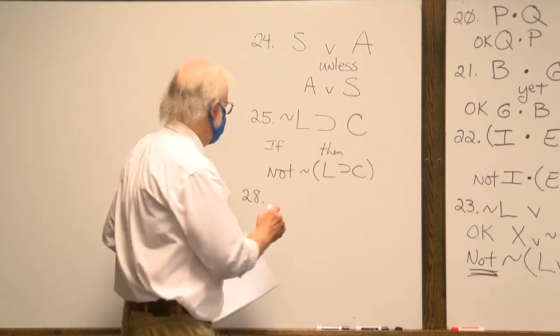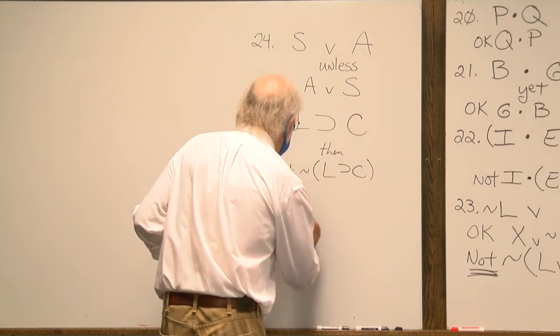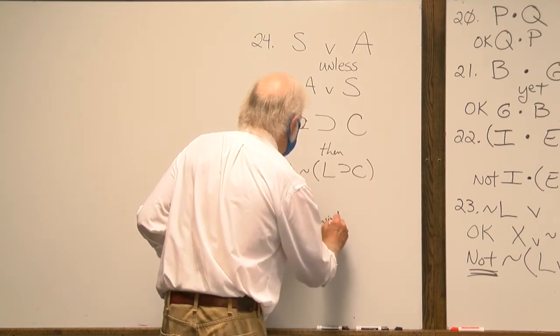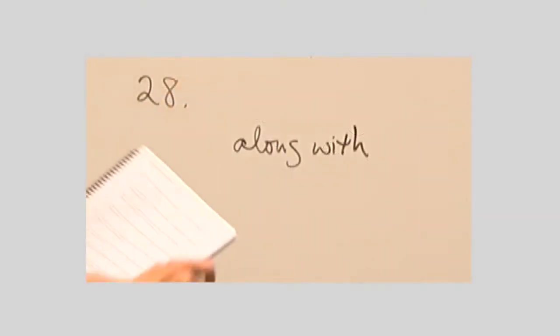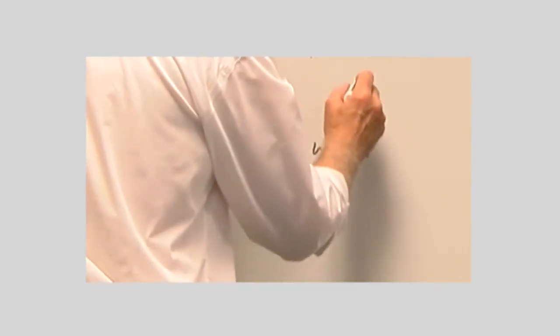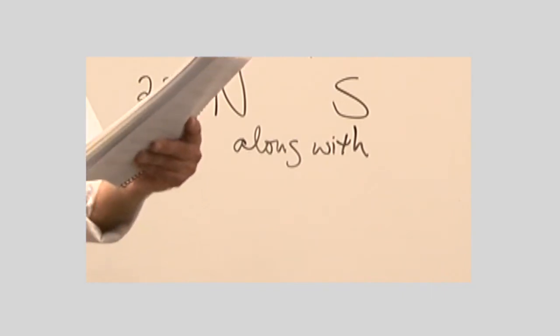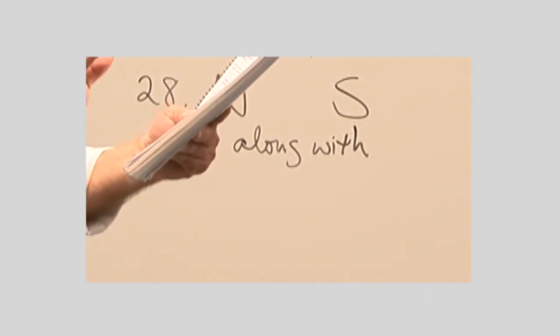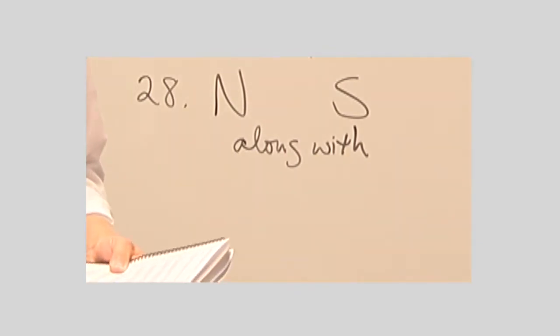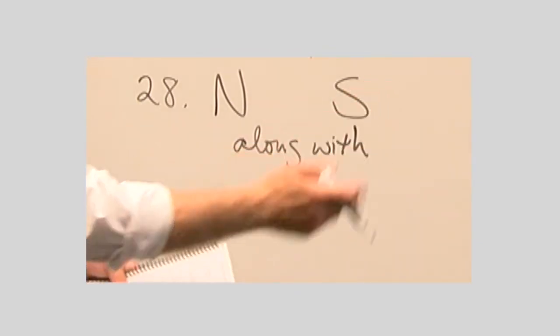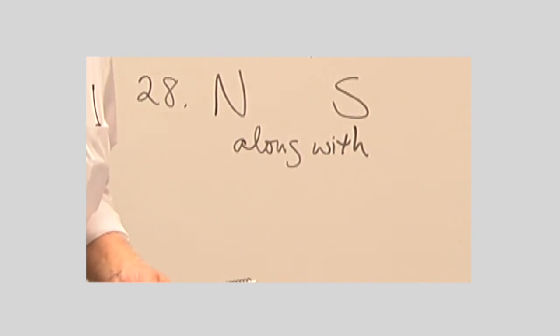So we have to ask, what does the expression along with mean? We've got N for Norway and S for Sweden. The compound expression means Norway signed the treaty and Sweden signed the treaty. Along with just simply means both and.